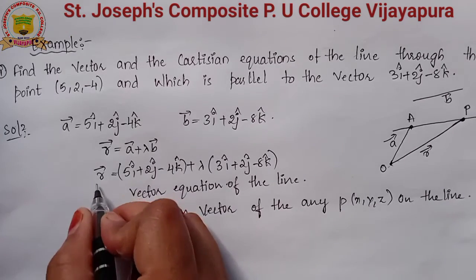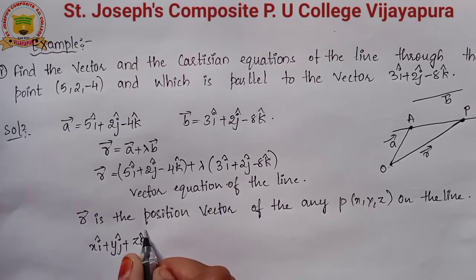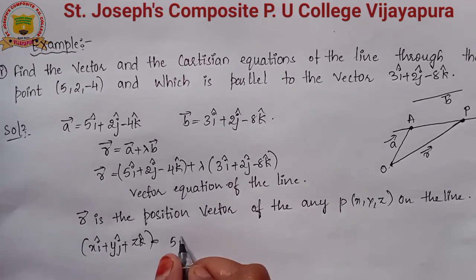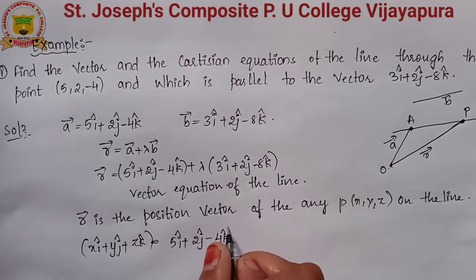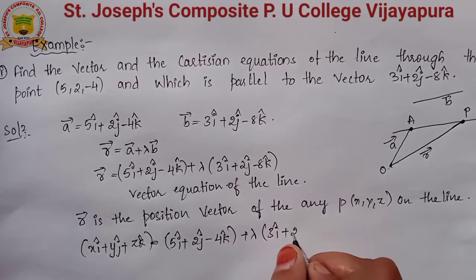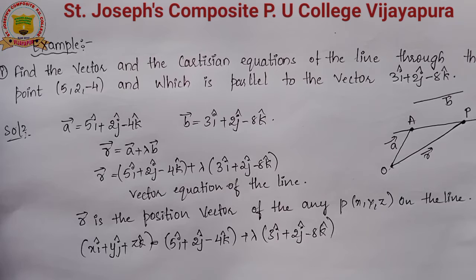Then the vector R is equal to xi + yj + zk, which is equal to 5i + 2j - 4k + lambda (3i + 2j - 8k).